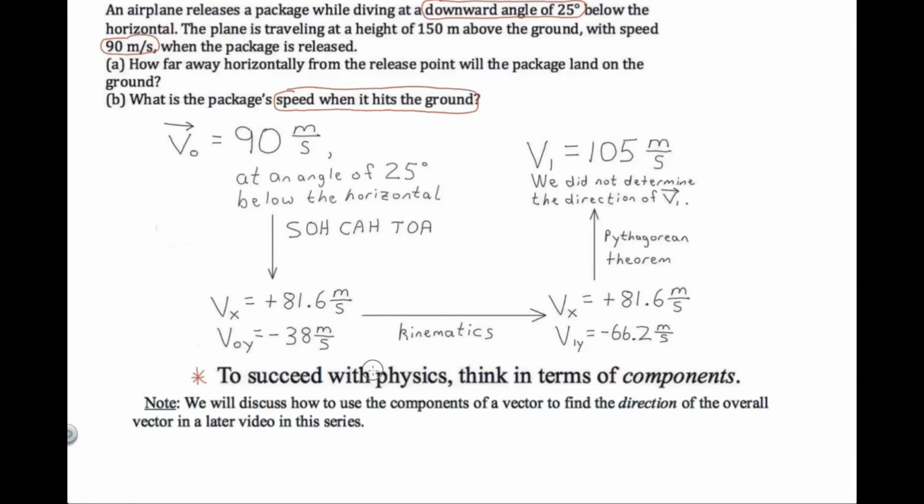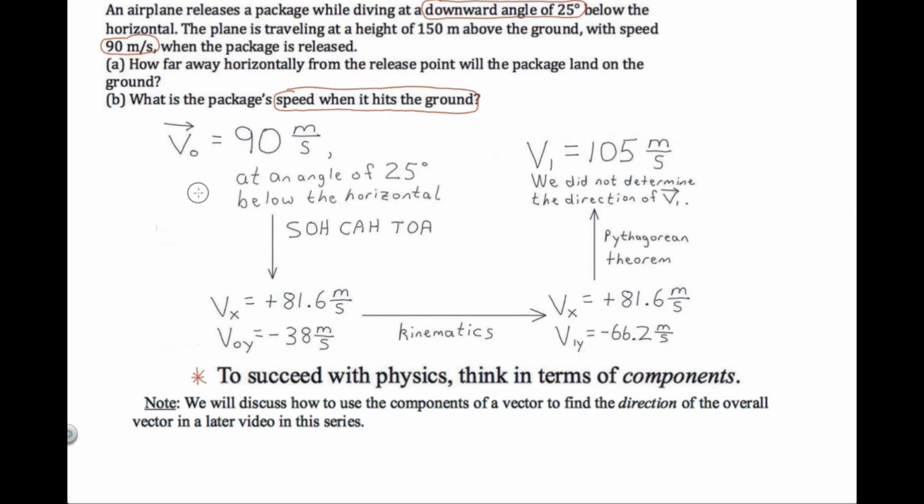To succeed with physics, think in terms of components. The problem gives us information about the overall velocity vector at time 0. And part B asks us for the magnitude of the overall velocity vector at time 1. But we do not go directly from the overall velocity vector at time 0 to the overall velocity vector at time 1.